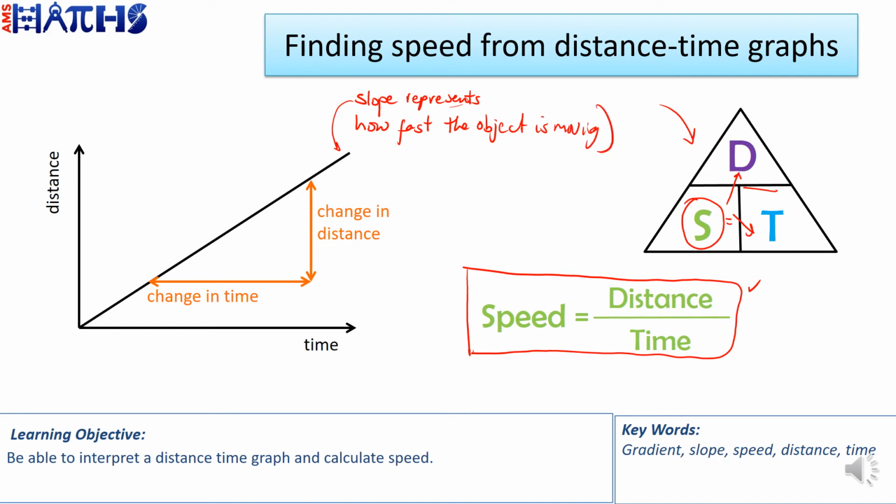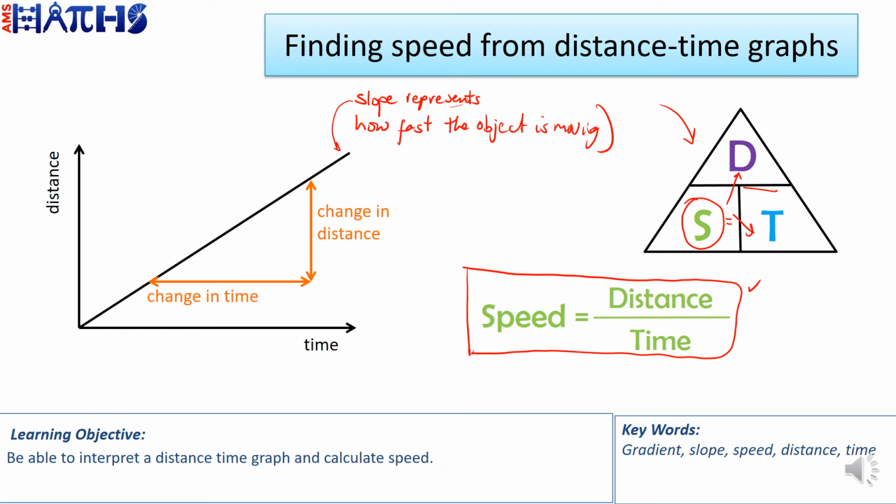And so if we're going to find the gradient, which is the slope of the line, then that is going to give us how fast the object is moving, which in other words means the speed of the object.